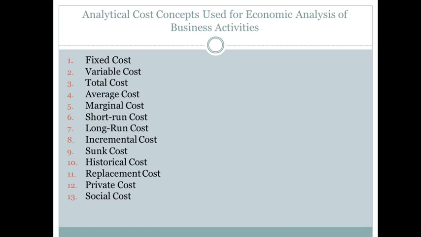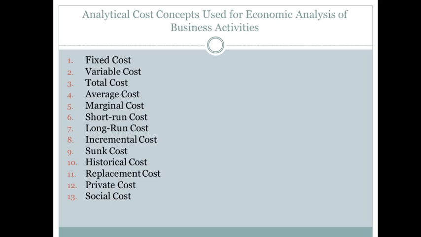The next, analytical cost concepts used for economic analysis for business activities are fixed cost, variable cost, total cost, average cost, marginal cost, short run cost, long run cost, incremental cost, sunk cost, historical cost, replacement cost, private cost, and social cost. So these are the costs involved in economic analytical way.